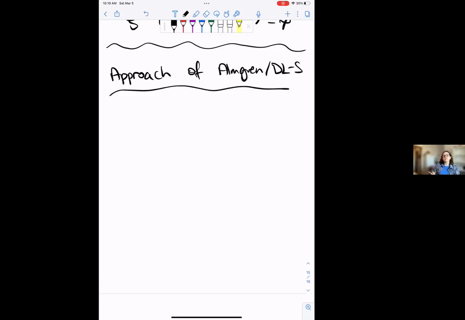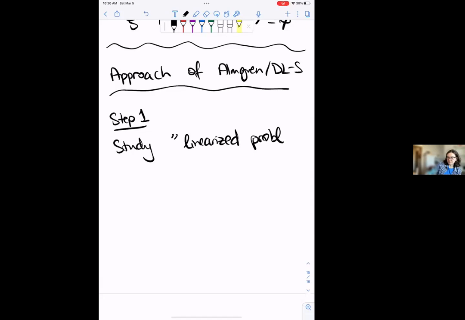So we want to first study the linearized problem, which in this setting is still somehow non-linear. So step 1: study what we call the linearized problem, in the sense that we want to linearize the operator, the area functional.